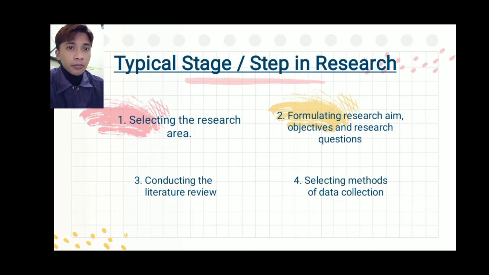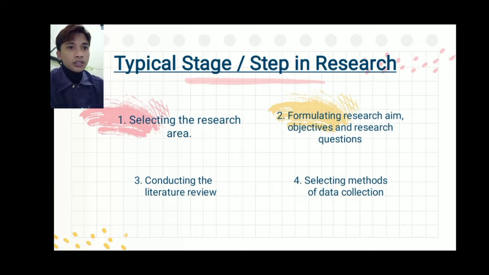Nevertheless, the main part of the literature review is conducted after the formulation of the research aim and objective. You have to use a wide range of secondary data resources such as books, newspapers, magazines, journals, or online articles.